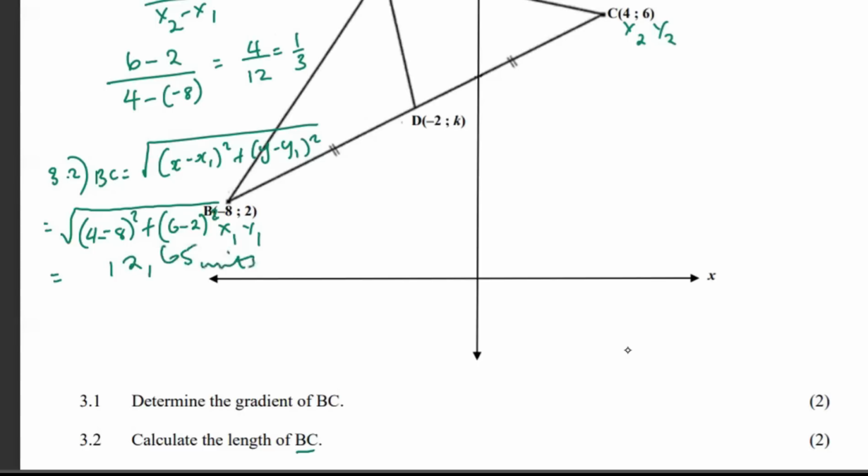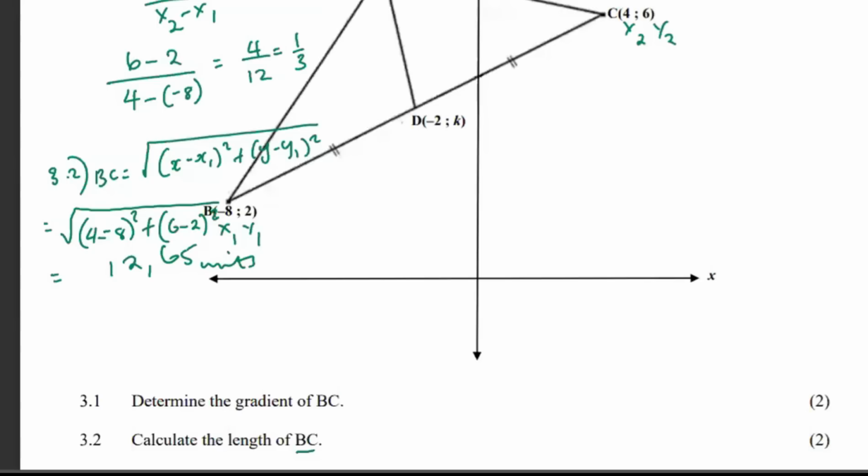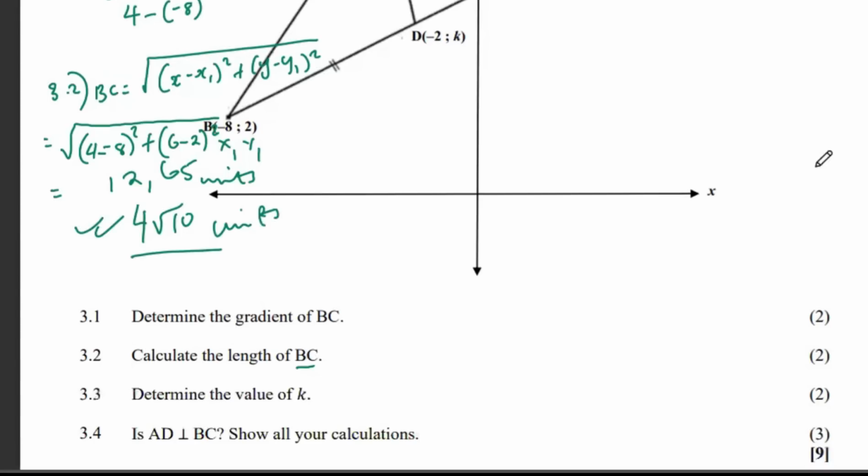But we can also give our answers in surd form. Okay, so if we are to use the surd form, it should be the same as 4 square root of 10 units. Okay, but in most cases, we prefer it to be in the surd format because it's easier to use. All right, then they want us to get the value of K.